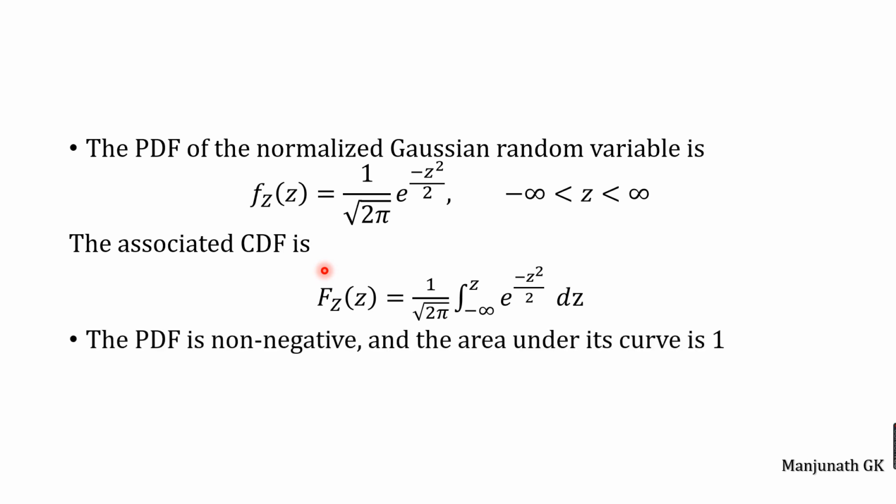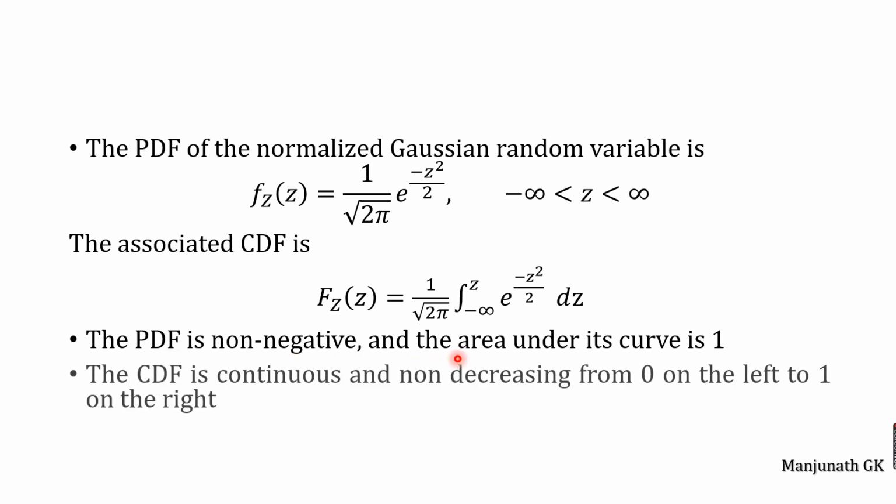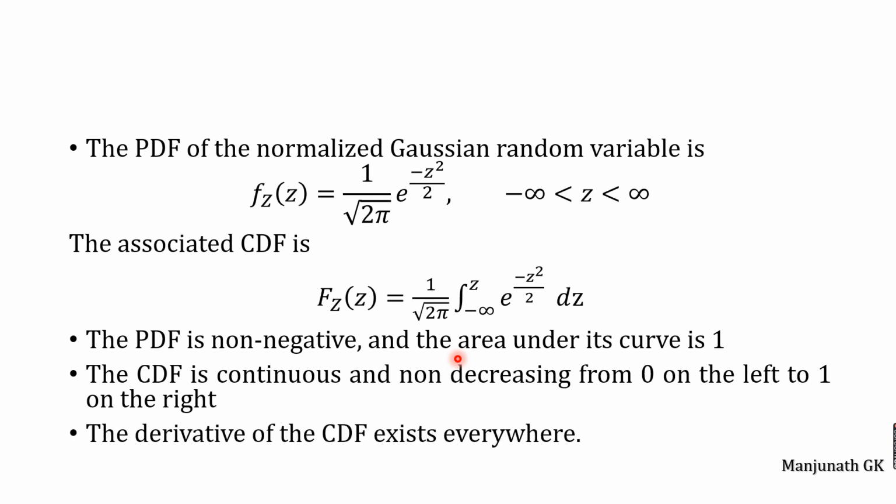The properties of normalized Gaussian random variables are: the PDF is non-negative and the area under the curve is always 1. The CDF is continuous and non-decreasing, from 0 on the left to 1 on the right. The derivative of the CDF exists everywhere.